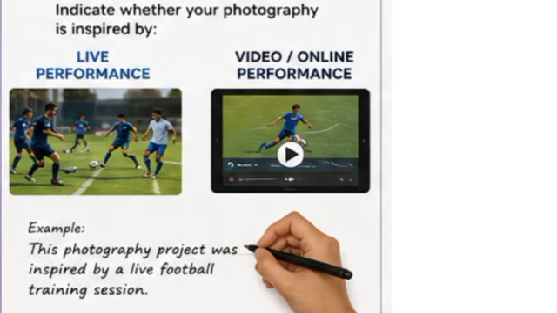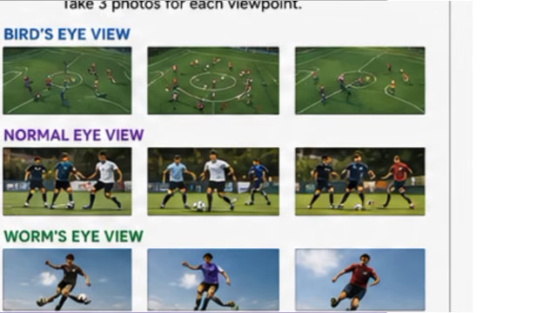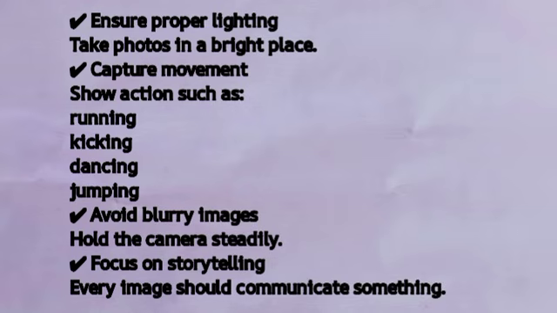Then another area, let's talk about important tips for good photos. So under here, let us ensure that we have proper lighting. Then let us capture movement. So under capturing movement, show actions such as running, kicking, dancing, jumping.